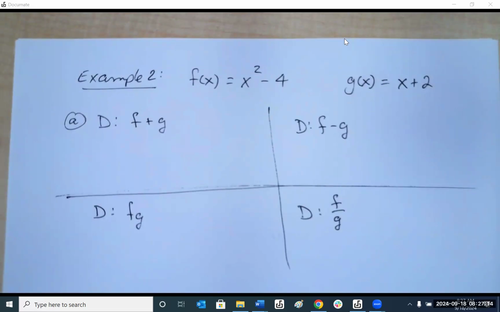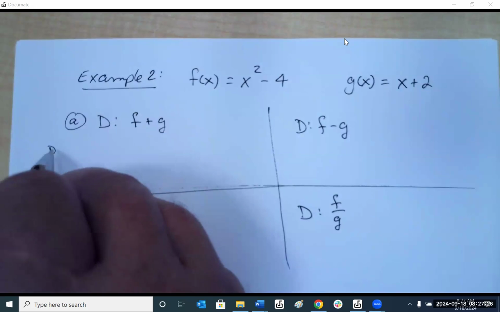So how do we begin? You'd be solving f and then solving g. Yeah, so what's the domain of f?